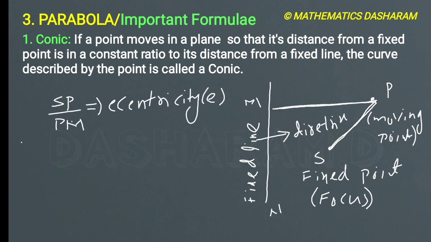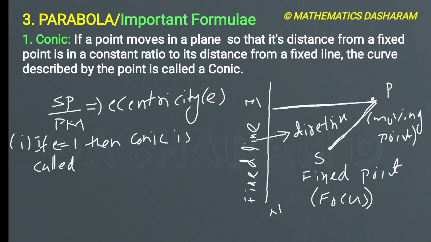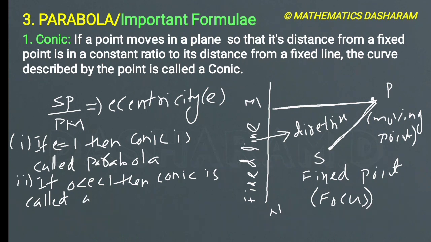So here are three important points we have to remember. If the e value is exactly 1, then the conic is called a parabola. In the second case, if 0 is less than e less than 1, then the conic is called an ellipse.